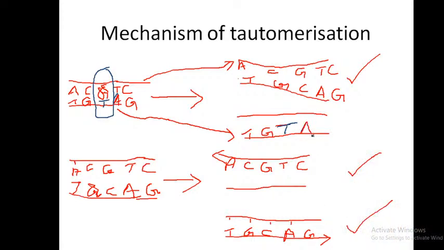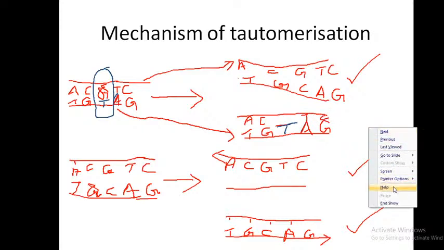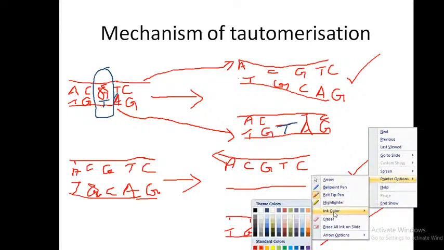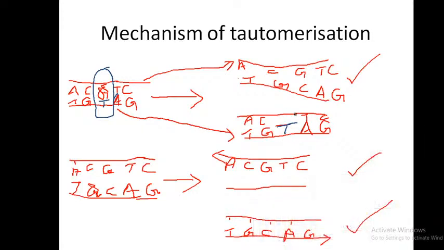A, G. When writing the parallel, according to Chargaff's rule, T pairs with A, G pairs with C, and T pairs with A. A pairs with T, G pairs with C, and T will pair with, T pairs with A. And this is the change.